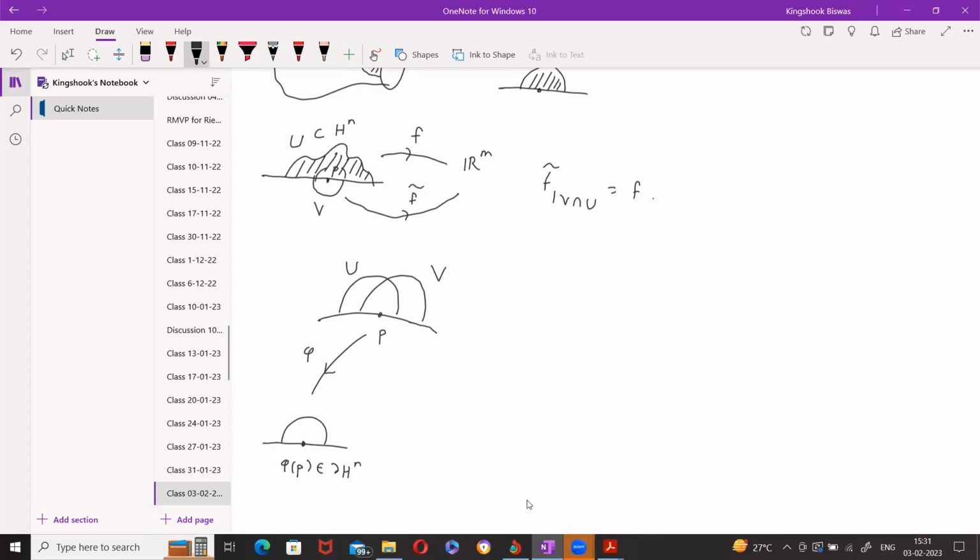And suppose I have a psi. So if psi does not map into the boundary of Hn, then it maps into some ball in Rn.